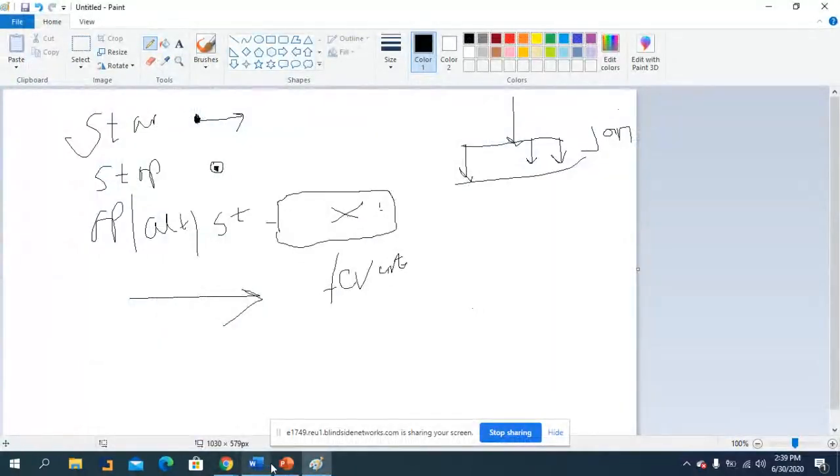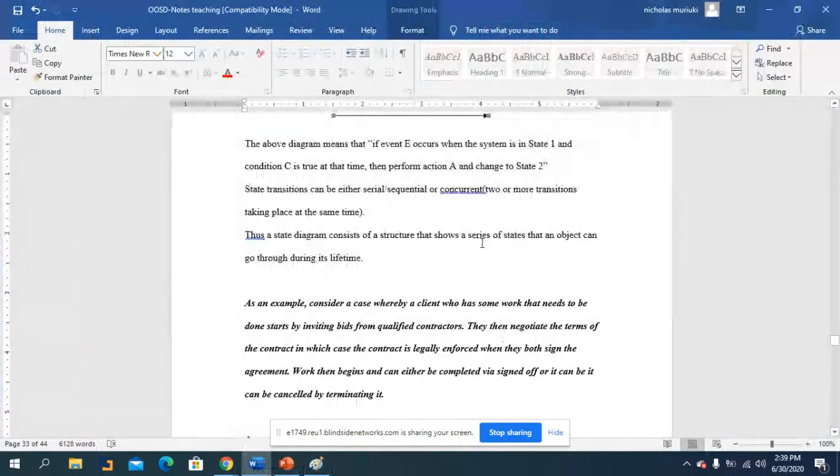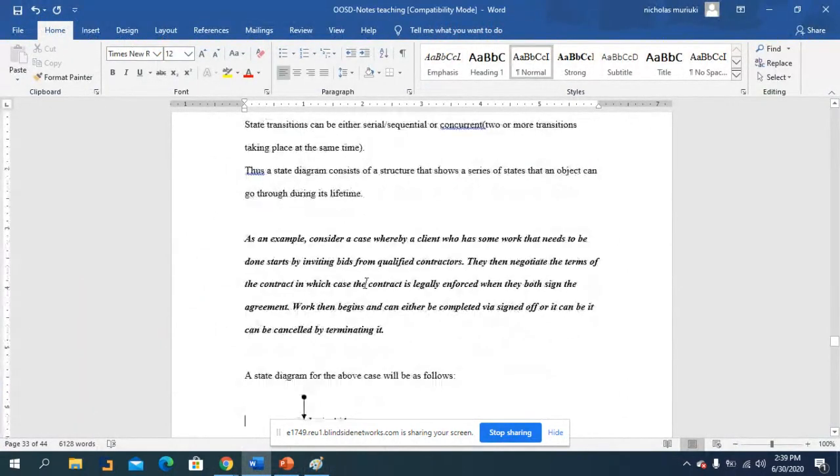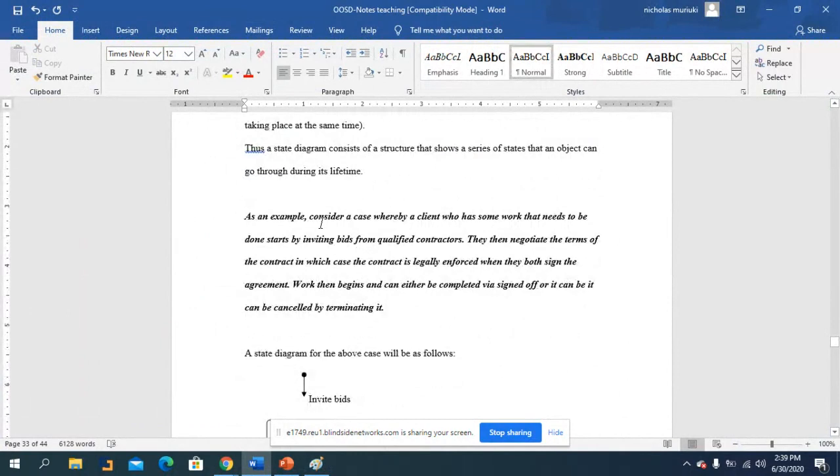And that's why I want to come up with a question here. And one question or an example that I have here is, as an example, consider a case whereby a client who has some work that needs to be done starts by inviting bids from the qualified contractors. So for this case, if you look at now, the contractor is an actor.